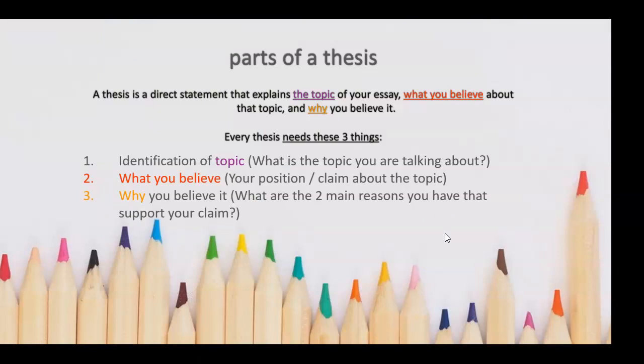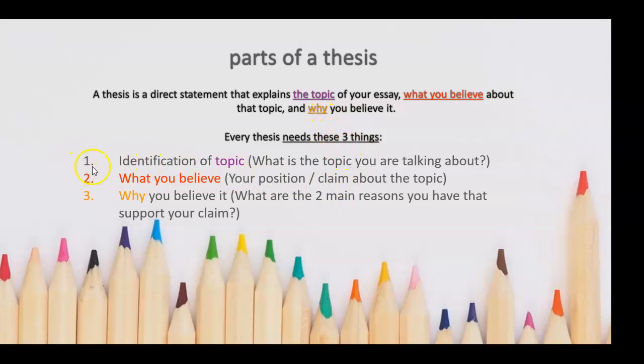So the parts of a thesis statement that I am looking for this assignment are the topic, which I give you, and what you believe about that topic. So what this means is, what is your thought about that topic? Are you for it? Are you against it? Do you agree? Do you disagree? So you're going to pick a side. And then the final thing I want is the why. Why did you choose the side you chose?